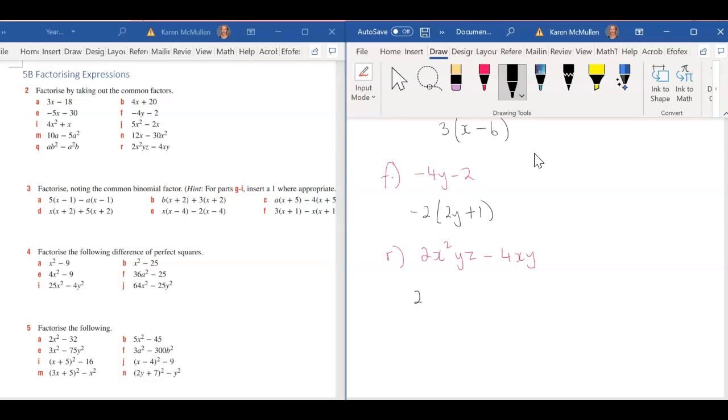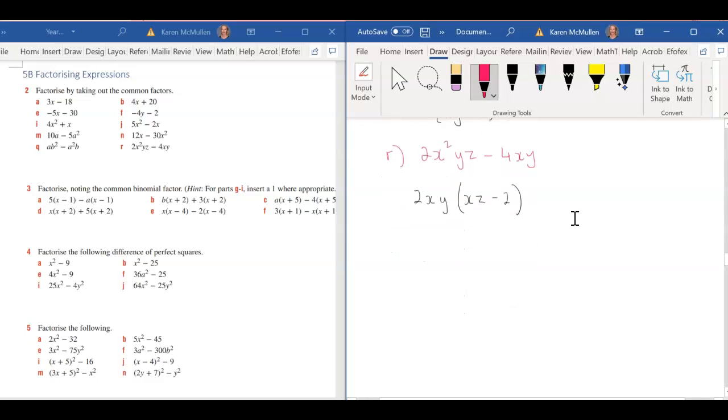Then we've got x squared and x, so x is common to both, and y is common to both, and we only see z in one term, so it's not common to both. What do I multiply 2xy by to get 2x squared yz? I've got an extra x there, so I've got to put that in, and the z. And then for the 4xy, we're going to have minus 2. A quick check will help you realize whether you've factorized it properly or not.